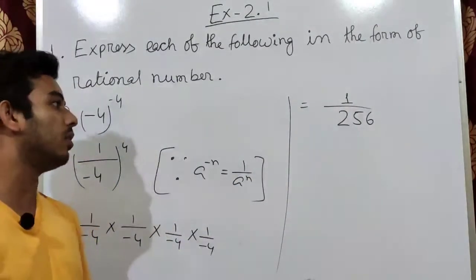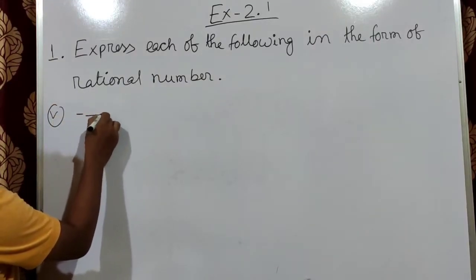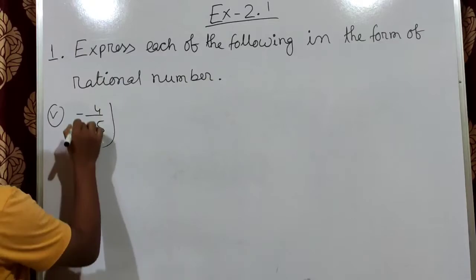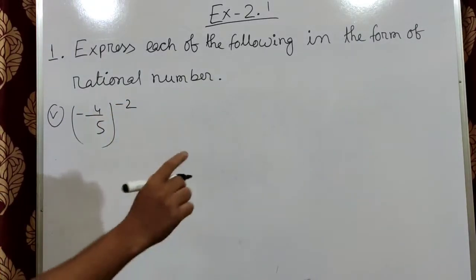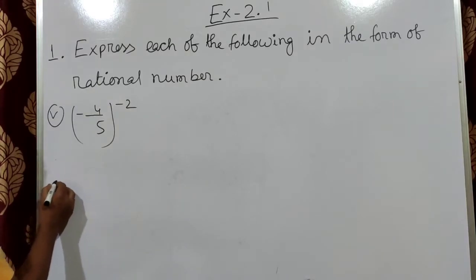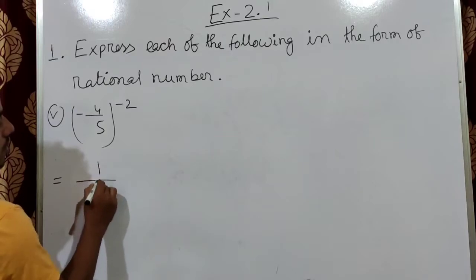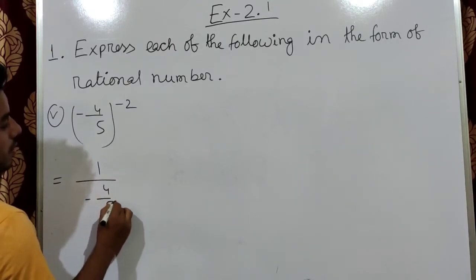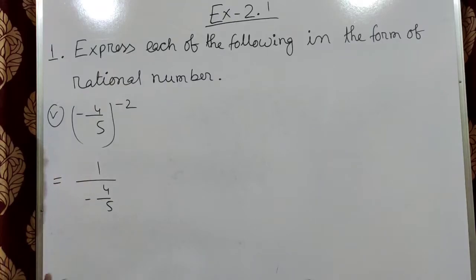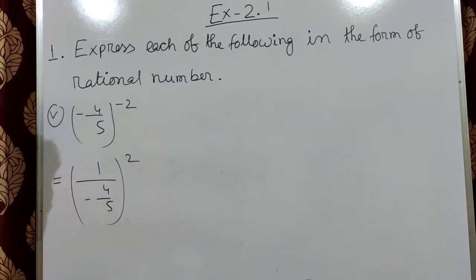Clear? Okay. So our fifth question is minus 4 by 5 to the power minus 2. So again we have to express it in that form. So our next line will be 1 by minus 4 by 5 whole power 2. Clear?